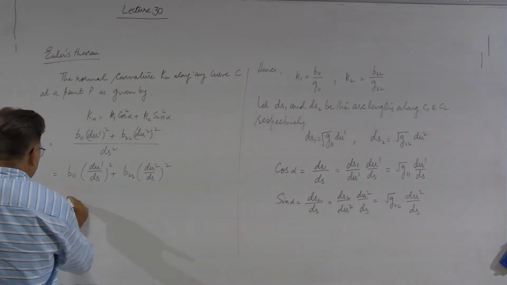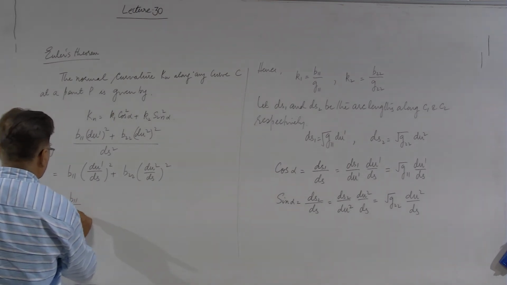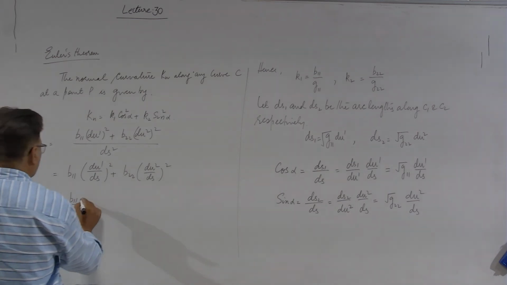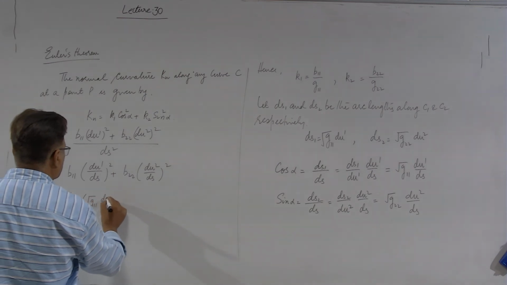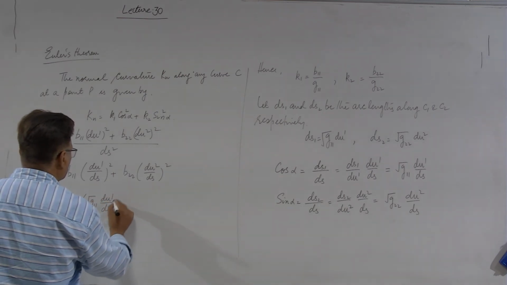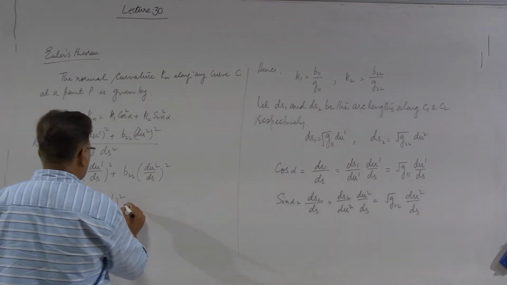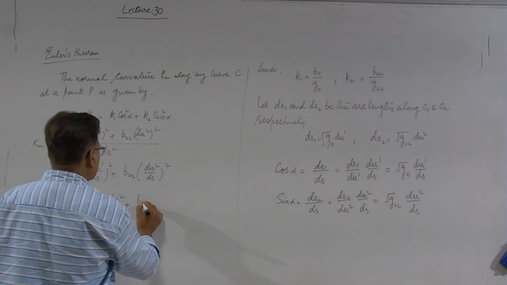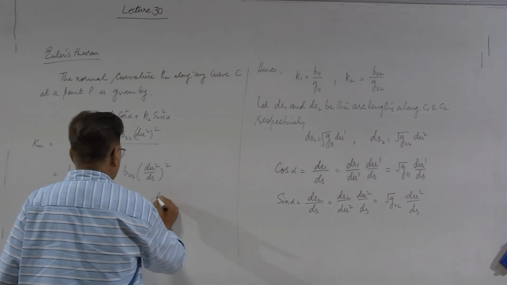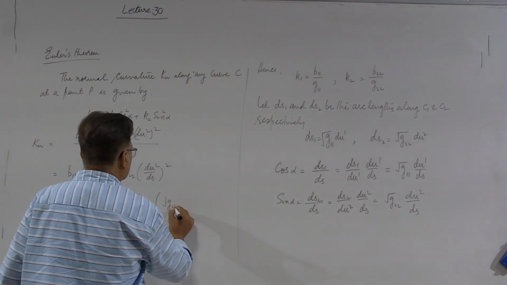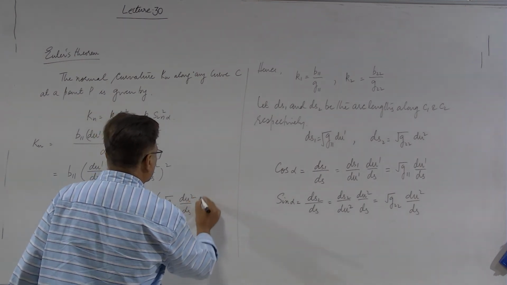I will divide by g11 and multiply also by g11, so the first term can be rewritten in this manner. Similarly, the second term can be written as b22 upon g22 into under root g22 du2 over ds whole square.